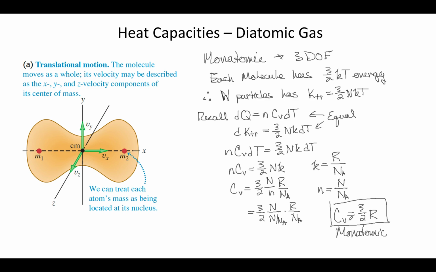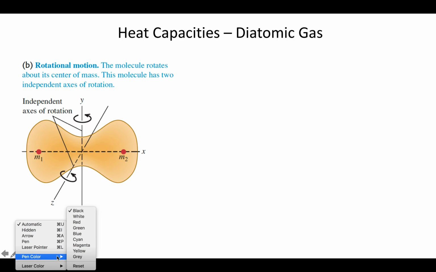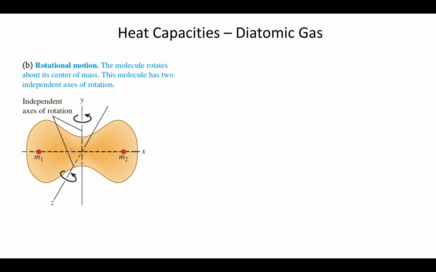But what about the other degrees of freedom? So we know diatomic gases can translate, so we know they have at least 3 degrees of freedom. But how do we actually count the number of additional degrees of freedom due to rotation?